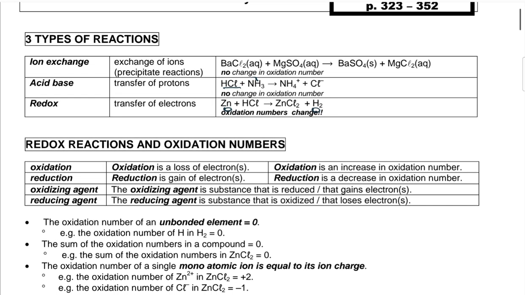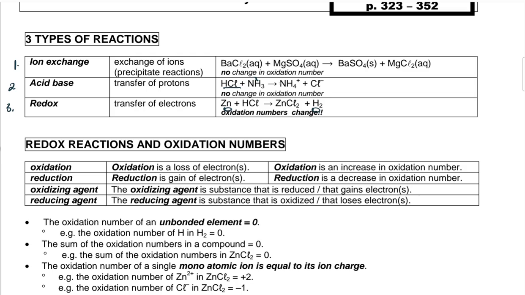Then I'm having three types of reactions here. This is the first type of reaction, which is ion exchange. The second one, acid base. The third one, which is the redox. Okay, the ion exchange, we can see here exchange of ions.